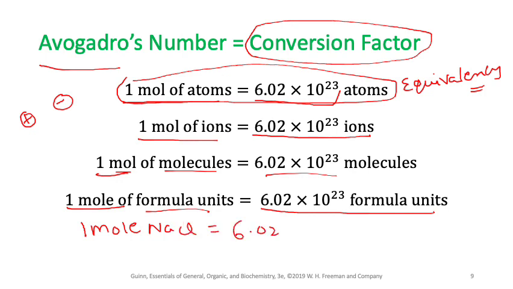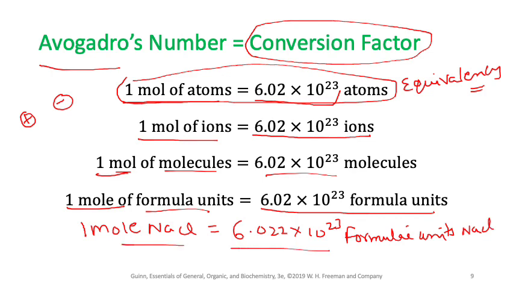I have 6.022 × 10^23 formula units of NaCl. So I can make this equivalency.